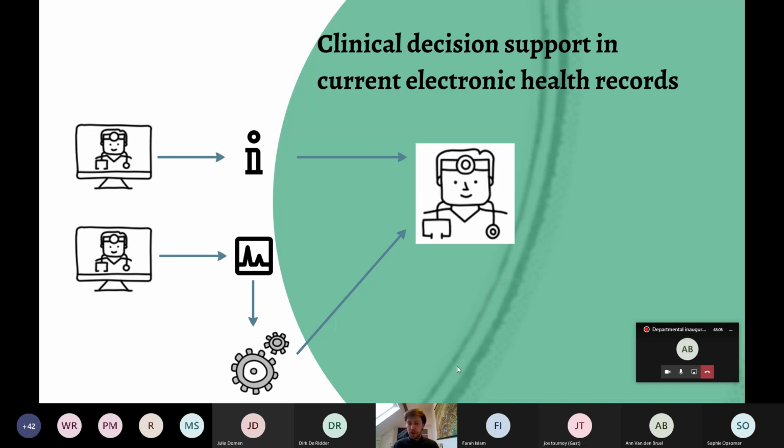And these rules can be either knowledge-based, based on recommendations, based on very simple logic, if this then that, or they can be non-knowledge based. And then we're looking at systems that use artificial intelligence, neural networks, to derive associations from within a large data set and to use that information to make new recommendations or new reminders.